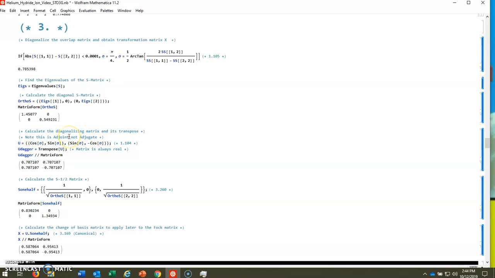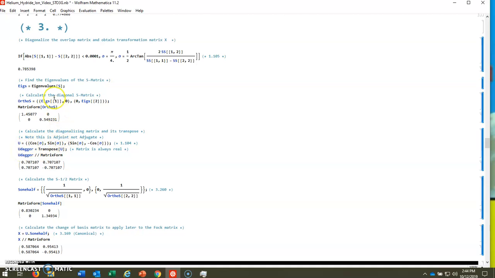The adjoint here is simply taking the transpose of the matrix and then taking the complex conjugate of each element. But in this case, we're dealing with real matrices, so the complex conjugate is the same as the original matrix, so it's really just the transpose. But I called it U dagger here, so it just looks like the formulas in the book.